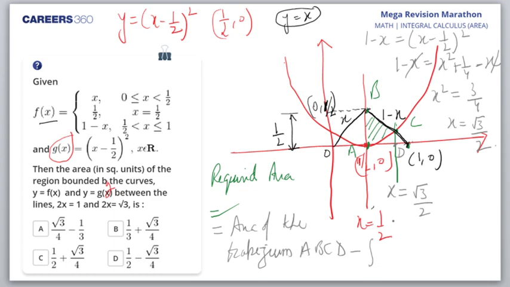So it is from 1/2 to √3/2, and I'll integrate the parabola (x - 1/2)². Is this understood, everyone? Everybody understands it? So can I go to the next slide?